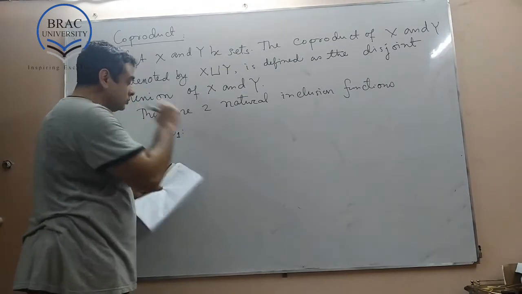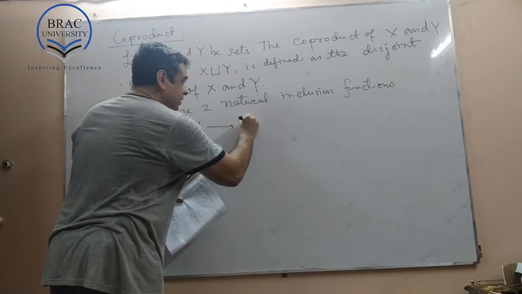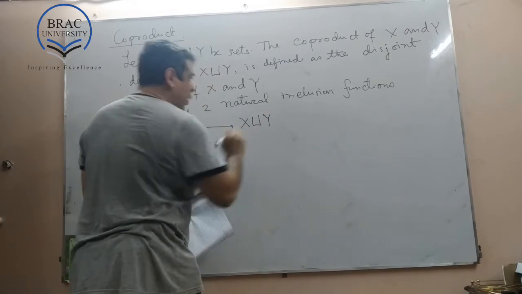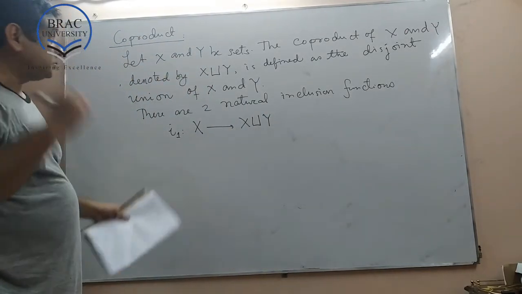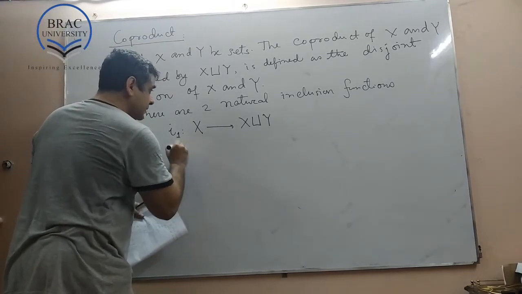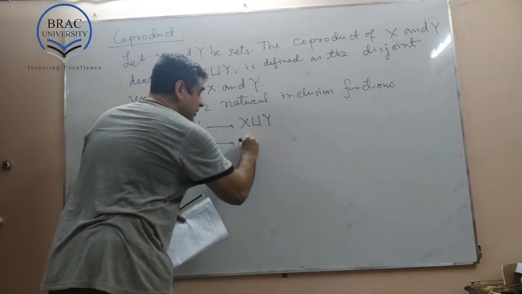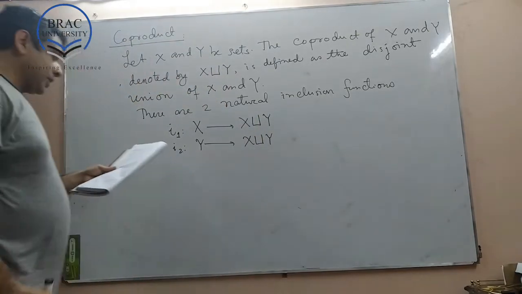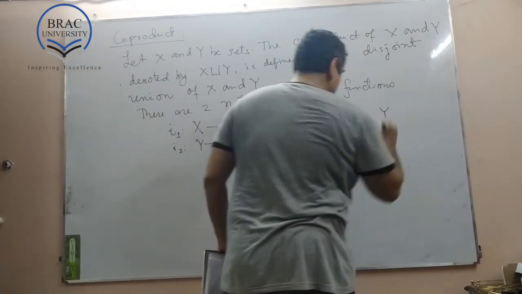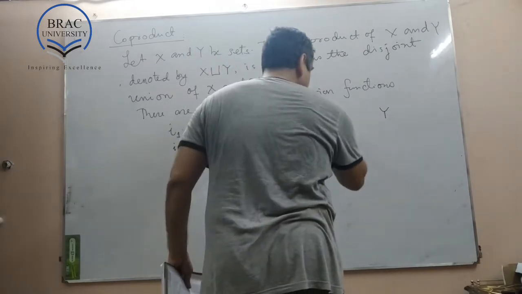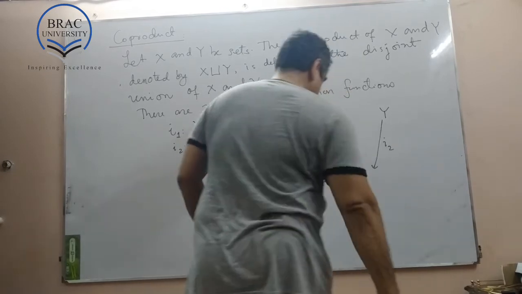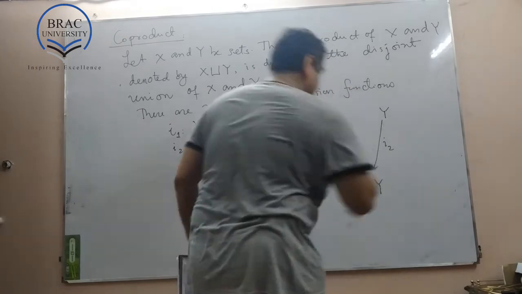I1 from X to the disjoint union of X and Y, or the coproduct of X and Y, and another is I2 from Y to the coproduct of X and Y. Okay, so diagrammatically we write it as these are the two sets that we have in the first place, and these are the two canonical inclusions, and this is the coproduct of these two sets.